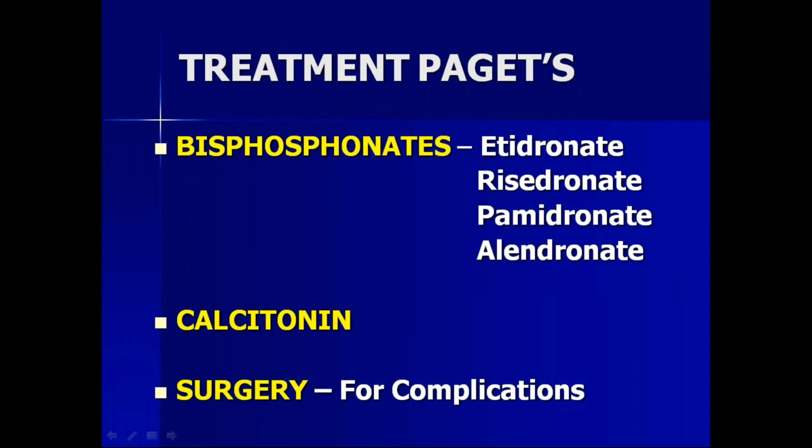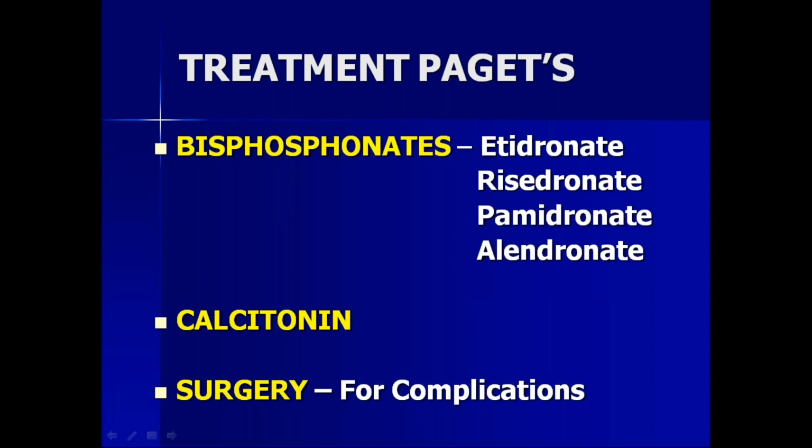Treatment is bisphosphonates: risedronate, pamidronate, etidronate, alendronate. Calcitonin: in osteoporosis, we give nasal calcitonin, but in Paget's disease, we give injectable subcutaneous calcitonin. Subcutaneous calcitonin is the treatment for Paget's, but vice versa doesn't work.